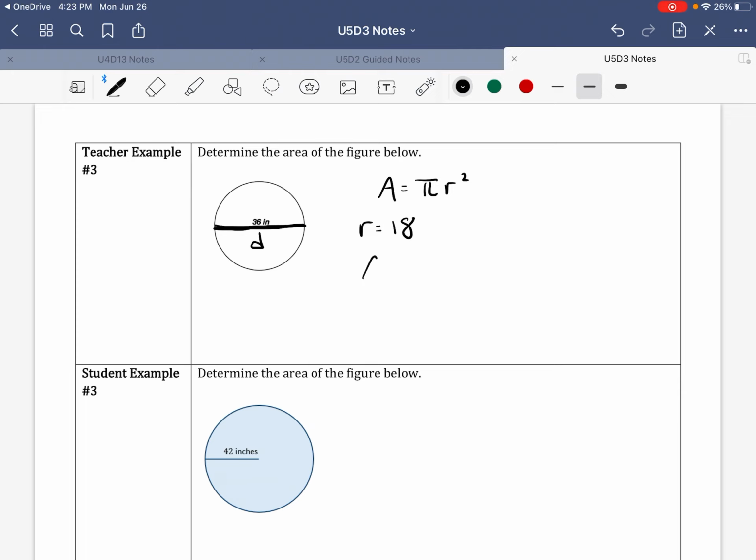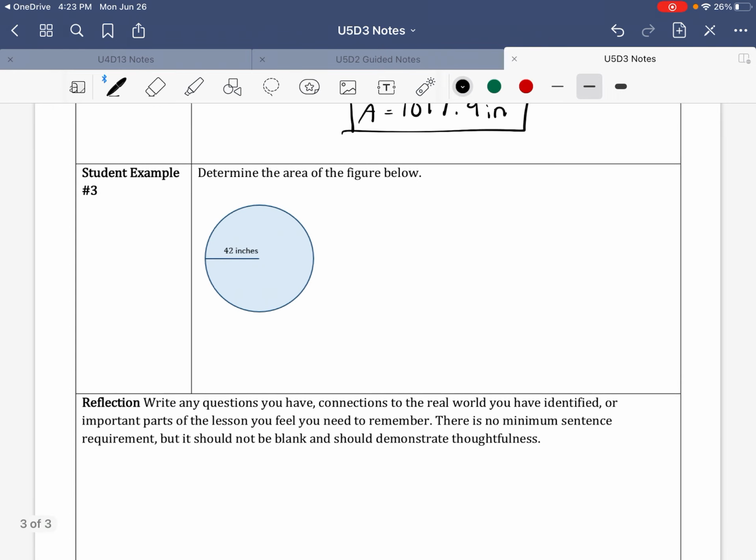Now we're going to plug it into our area equation, pi times 18 quantity squared, and plug that through the calculator. We get an area of 1017.9 inches squared. Go ahead and try student example number 3 on your own. Okay. And go ahead and write a reflection.